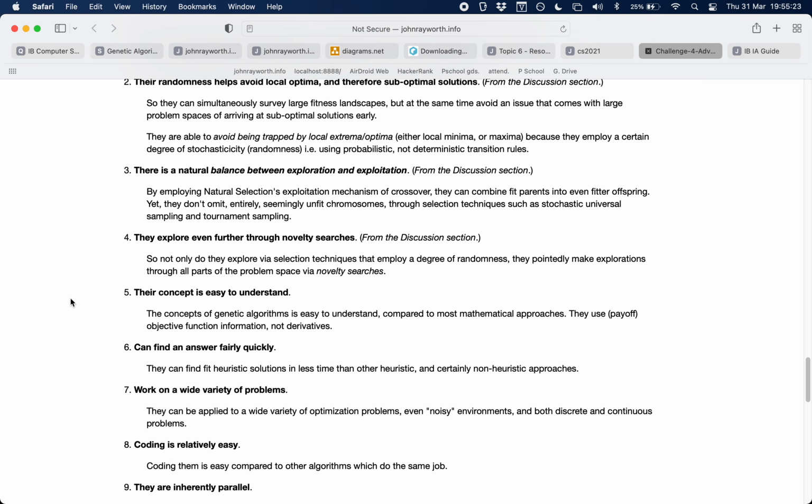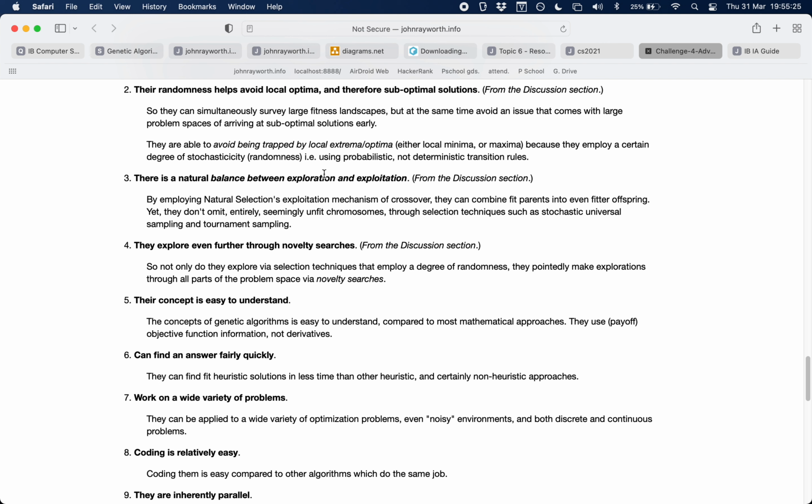3, there is a natural balance between exploration, which is very much connected to the randomness, and exploitation. Remembering that exploitation is crossover. Crossover is exploitation in this case. We're exploiting the fact that the parents have good genes, and we're crossing them over with each other to get even, hopefully in some instances, better genes. That's exploiting the crossover function of natural selection.